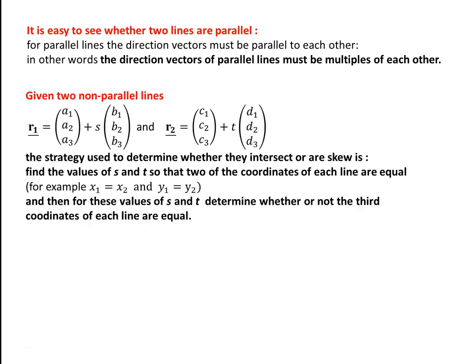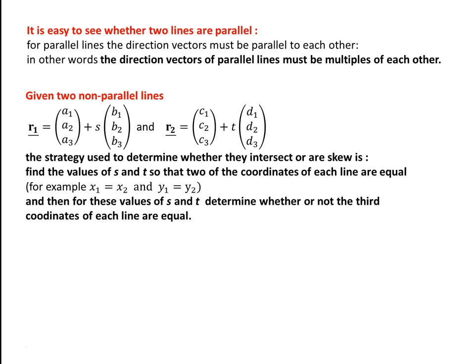Now, if we're given 2 non-parallel lines, then the strategy we use to decide whether those 2 lines are intersecting lines or skew lines is to find values of the parameters s and t so that 2 of the coordinates of each line are equal.